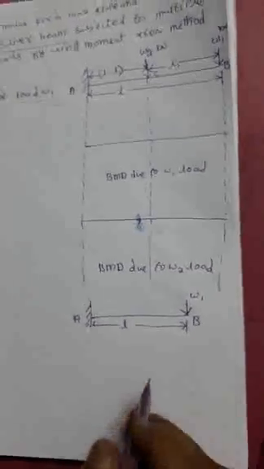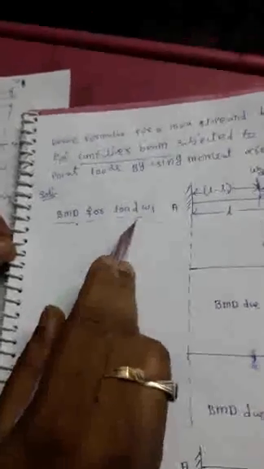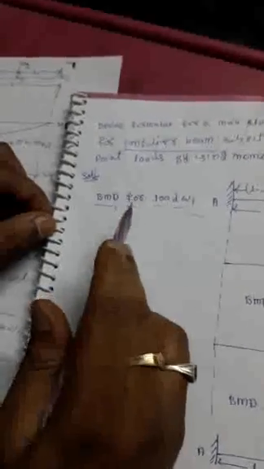Let us assume only the W1 load on this cantilever beam, ignoring the W2 load. The W1 load is at the free end, with ends A and B, and the span length is L. First we find the BMD for W1 load only, and then the BMD for W2 load only.